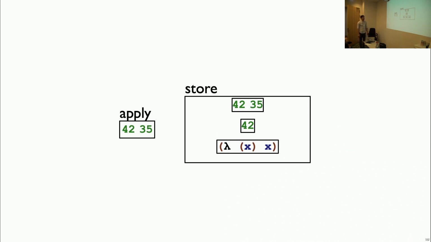And here's where we end up with 42 and 35, so still an approximate answer. And also we have these things in the store. And some of them might be garbage, some of them might not. But we don't know because we need the root set of reachability, and that is contained in the continuation.